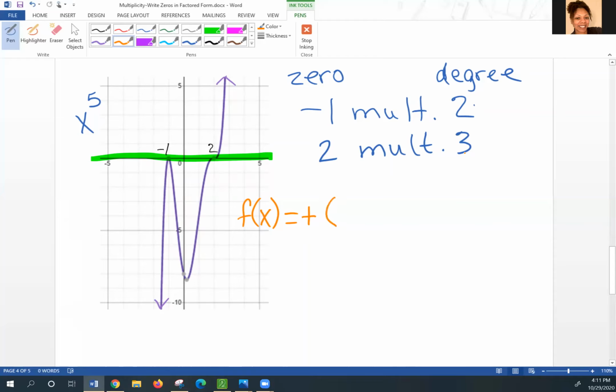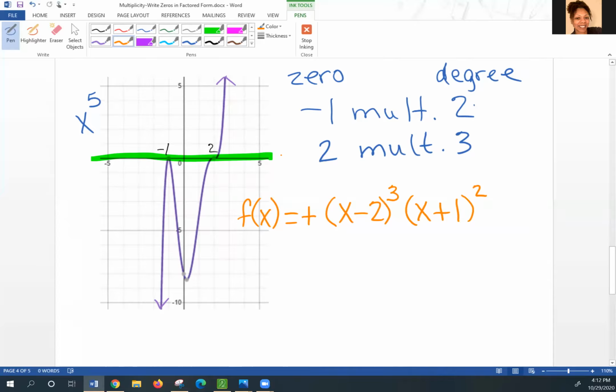So my highest degree is 3. I'm going to change my 0 sign and I'm going to raise it to this degree. And now I'm going to do the same for the next one, which is x plus 1 this time. Raise it to the 2nd degree. If I'm doing this correctly, 3 plus 2 will in fact give me my highest degree.